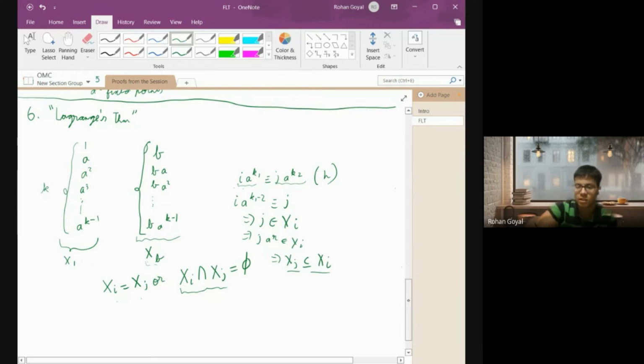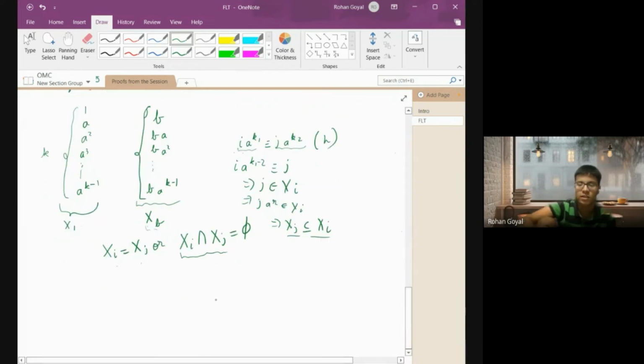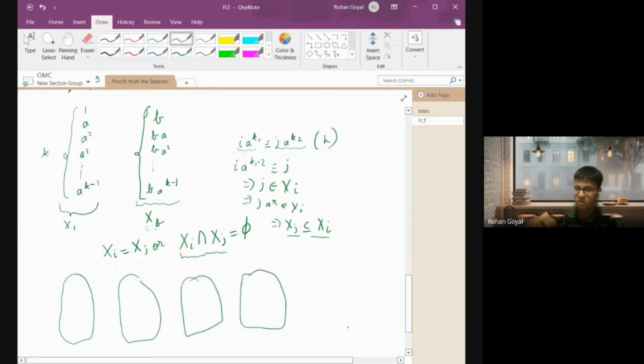So what you have been able to do is find sets of size k which are either disjoint or completely the same. So we put all which are completely the same in the same group and ignore the rest. So we have a few groups of size k. How many groups of size k do we have?